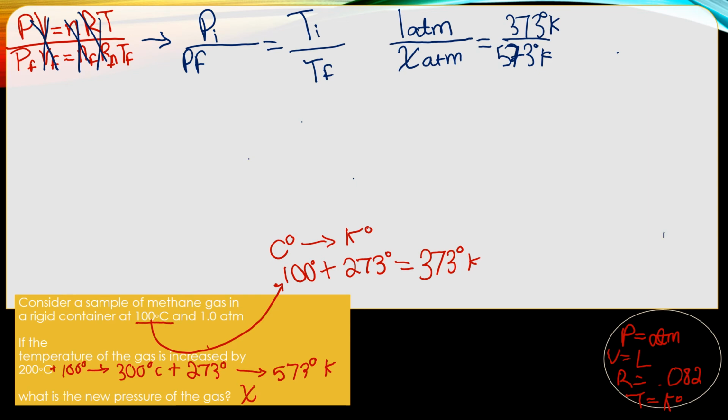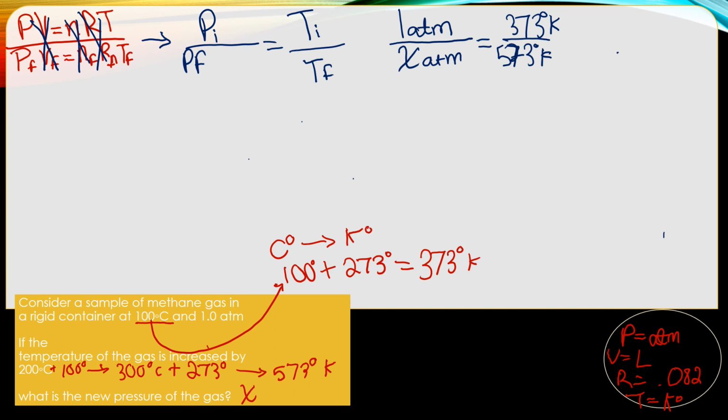That's going to be our new formula when we have replaced all the variables with the numbers needed. So we get 1 atm, which is pressure initial, divided by x atm, which is our pressure final, equals our initial temperature, 373 Kelvin, divided by our final temperature, 573 degrees Kelvin.